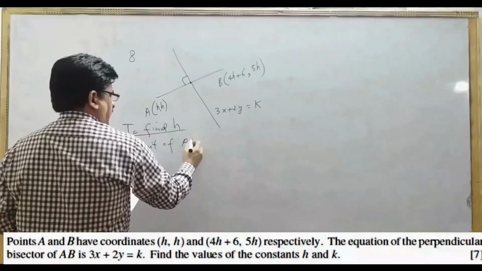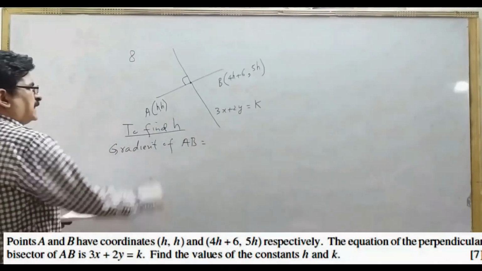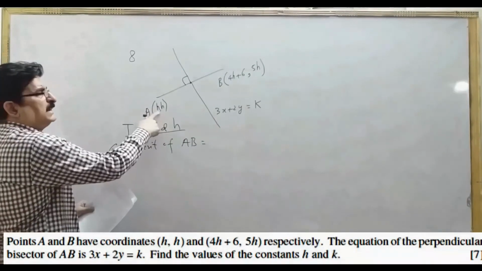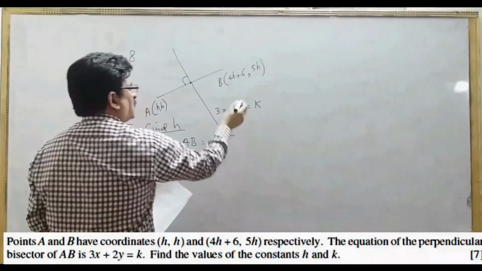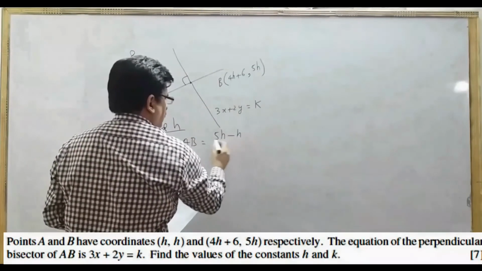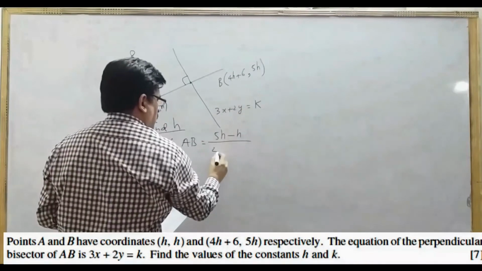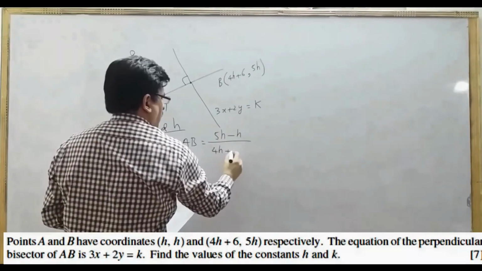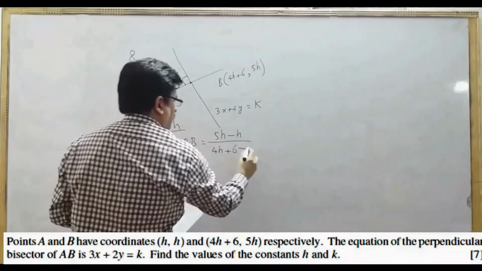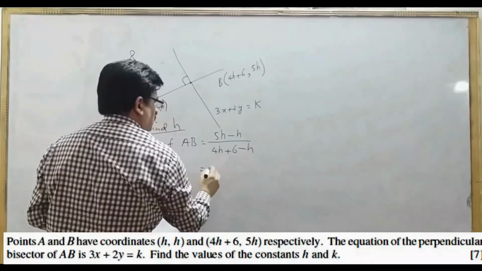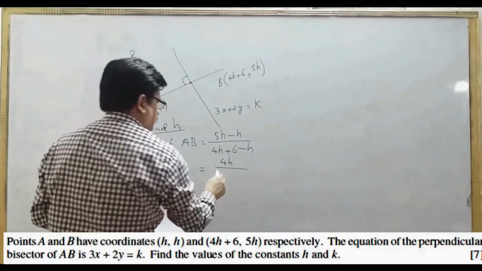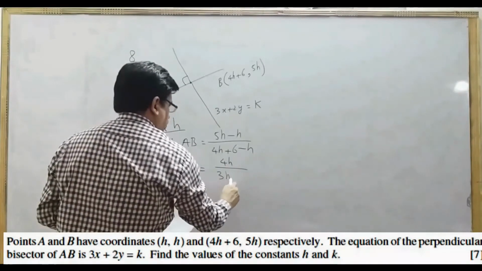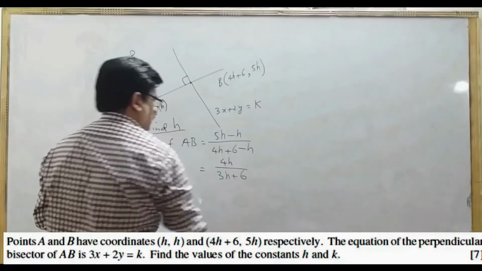Gradient of AB line, taking this as x1 y1, this as x2 y2, y2 minus y1 over x2 minus x1. This is h and this is 3h plus 6.